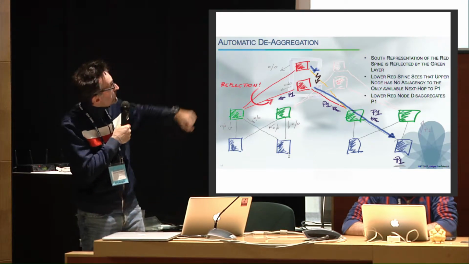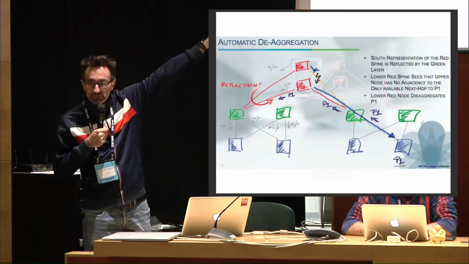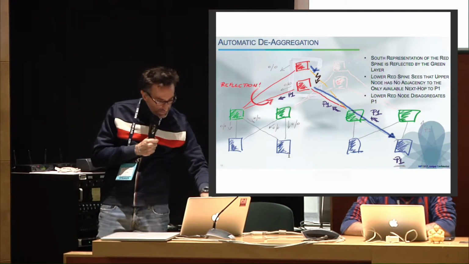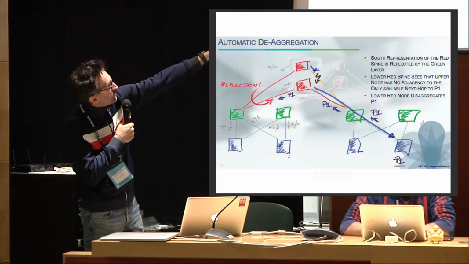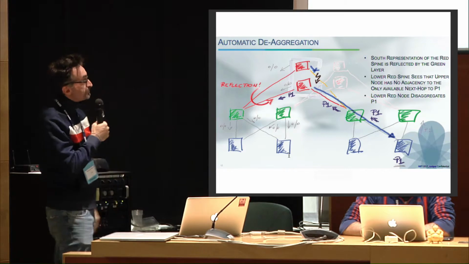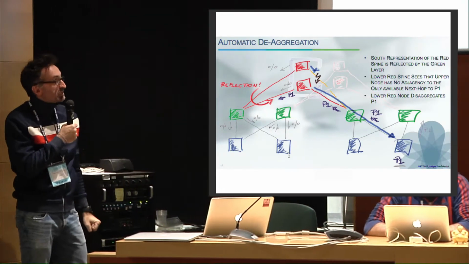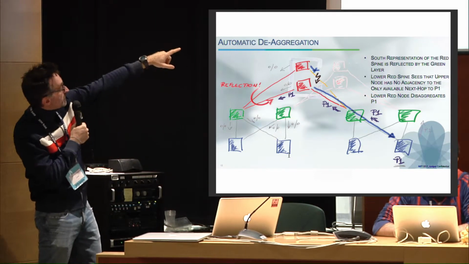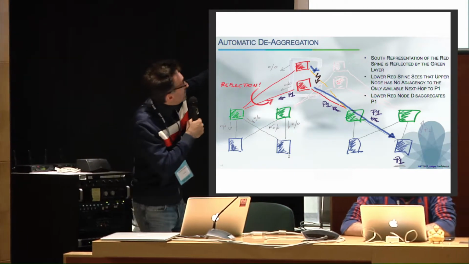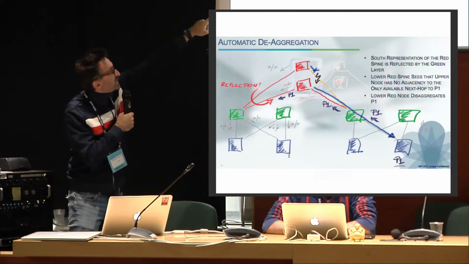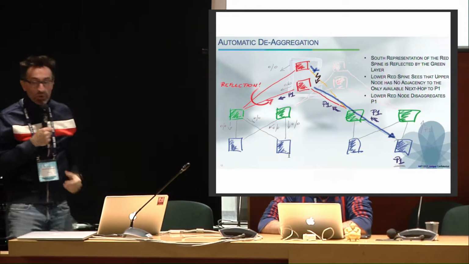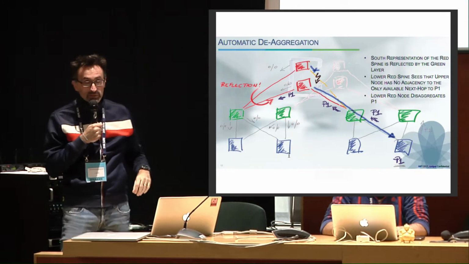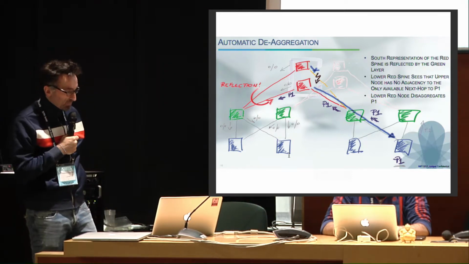In this case, if the upper red box loses its link to the green box there, then it will have a big problem in reaching the P1 prefix. If we take the role of these two guys here, they will route according to the default route. So they will send the packet to the aggregation boxes here.